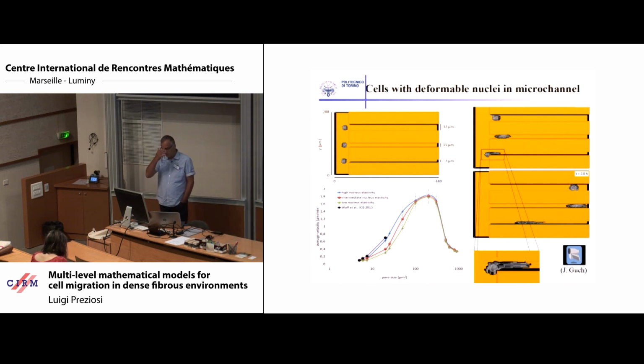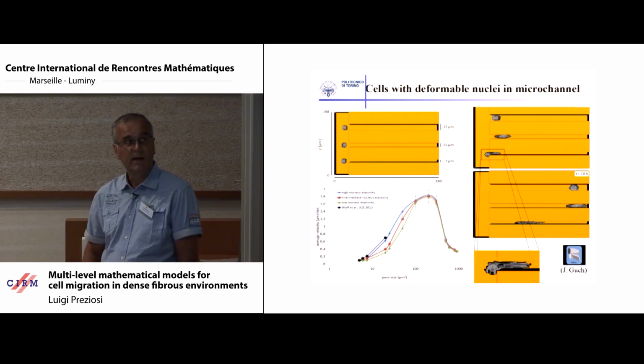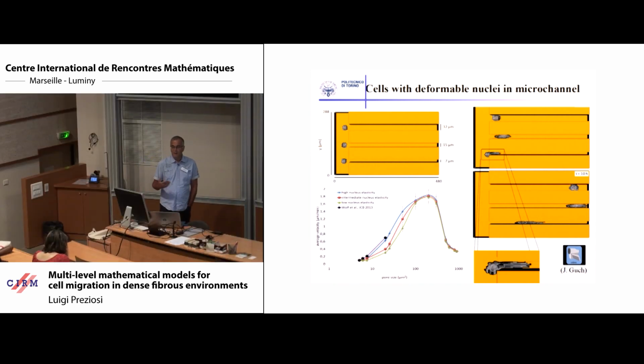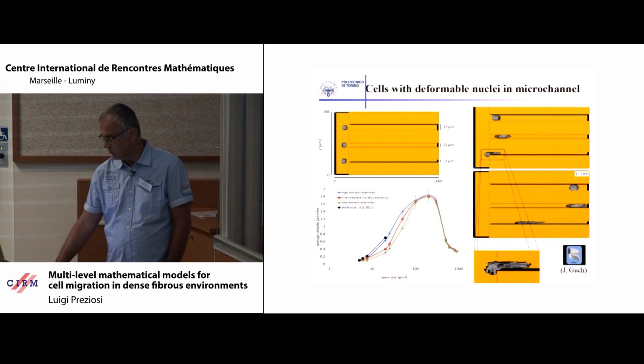And then you can run the simulation and see that you have this typical biphasic, bimodal behavior, in which you have a maximum, a bell-shaped behavior of the velocity with respect to the pore size, but also with respect to other quantities like adhesiveness or other things. And so there is an optimal velocity. There is an optimal dimension of the pores in order to crawl, which is, by the way, more or less the dimension of the nucleus.